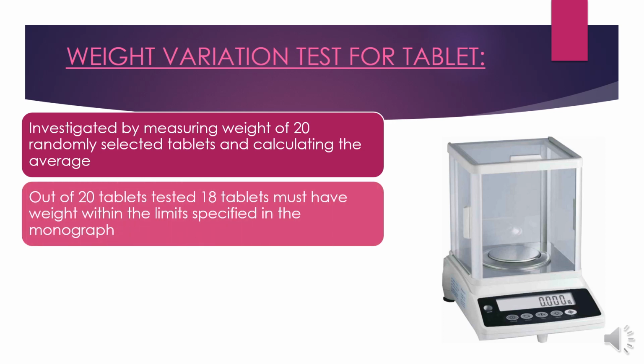So, to pass this test, out of 20 tablets tested, 18 tablets must have weight within the limits specified in the monograph. Okay, so the only allowed deviation is 2 tablets.